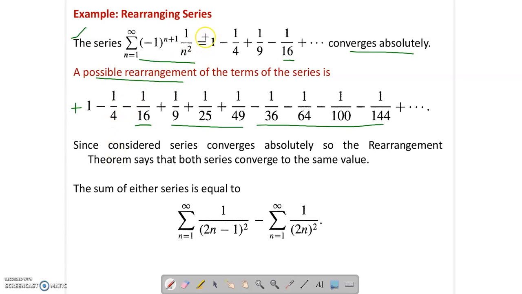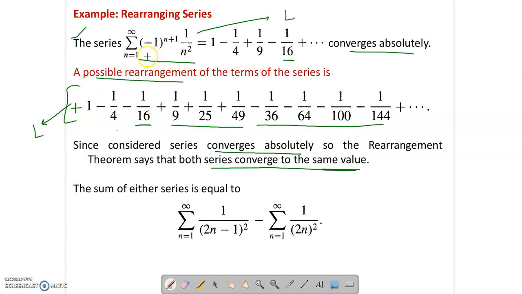Since the original series converges absolutely, the rearrangement theorem says that both series converge to the same value. That is, if this series converges to some number L, this rearranged series should also converge to the same number L. And how can we write the sum of either series?